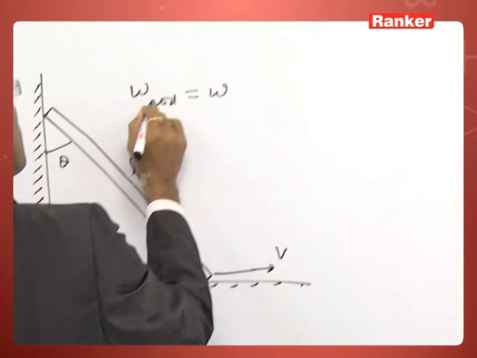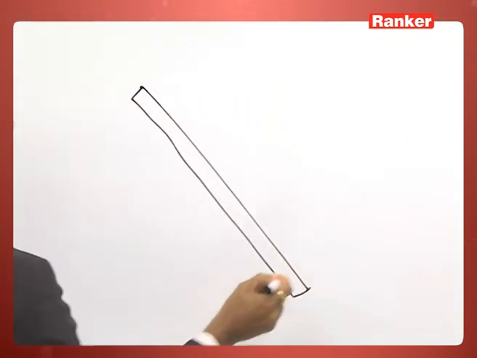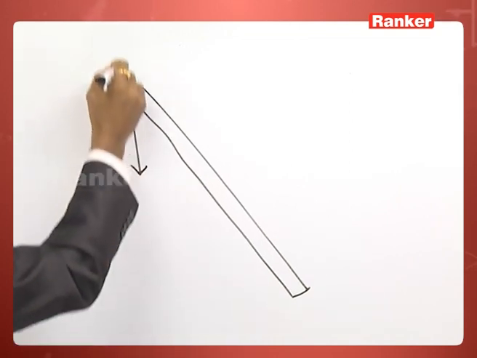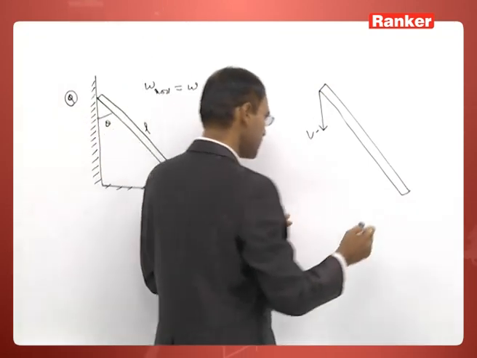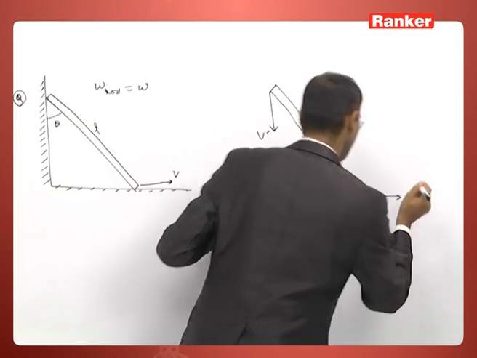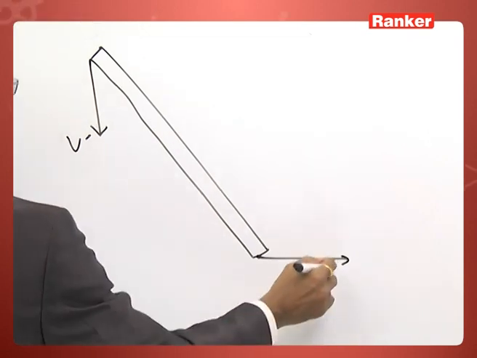Let it be omega. This point of the rod moves in this way with velocity, let it be v dash, because it is constrained to move along the vertical. This point of the rod is moving along the horizontal. This is v dash, this is v. V is given.